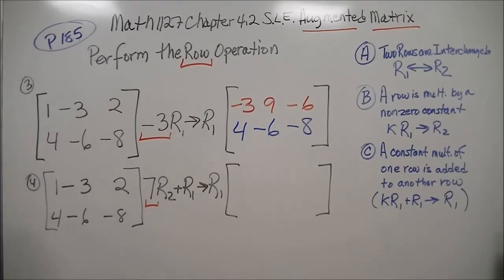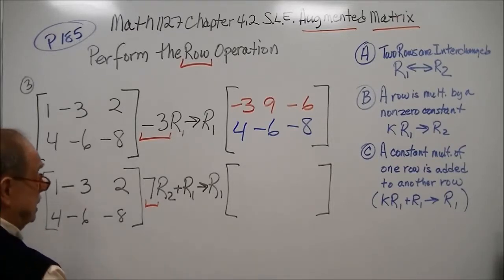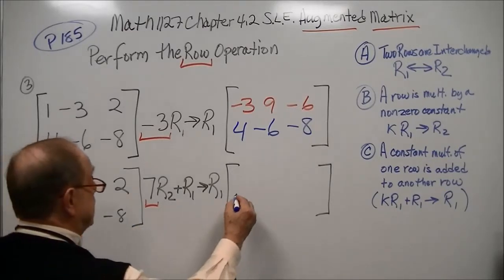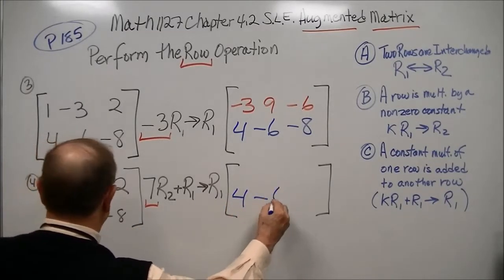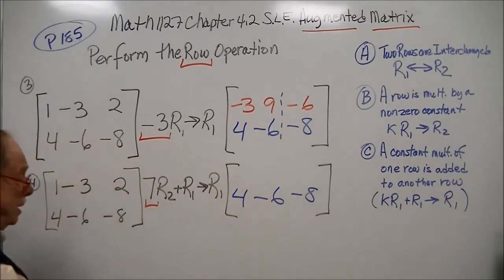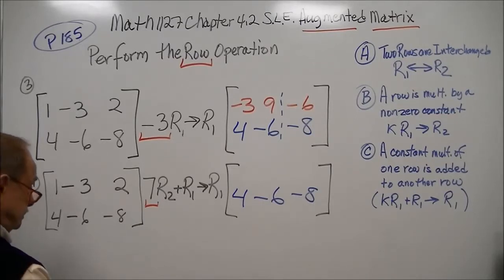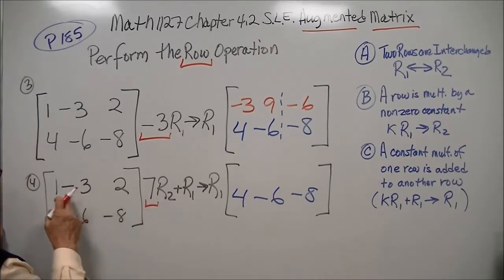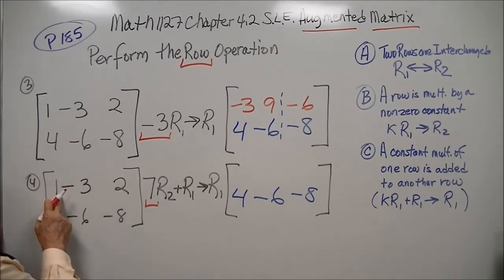Now notice, in this case, row 2 again doesn't change. So we could just write row 2 in. Row 2 is not changing. So we now go 7 times 1 is 7.